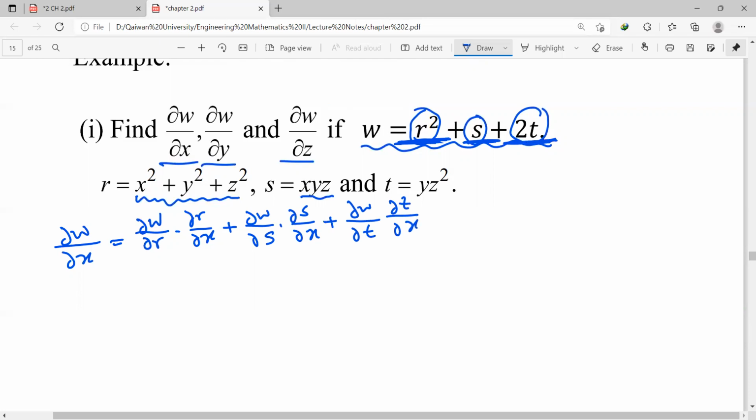This is the partial derivative with respect to x using the chain rule.